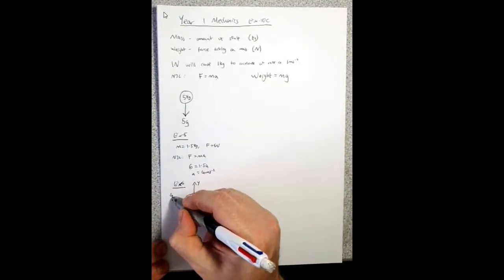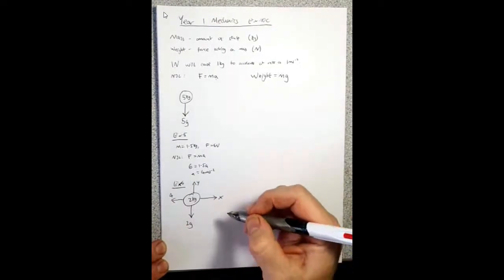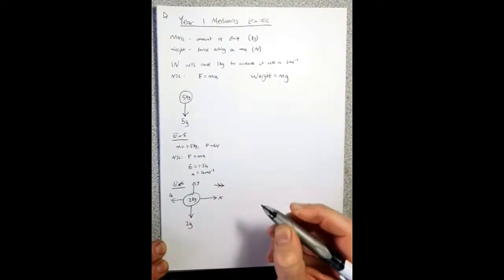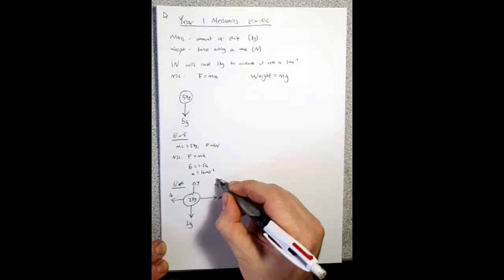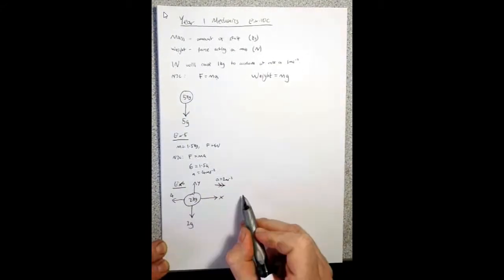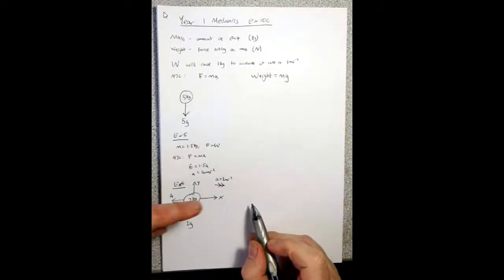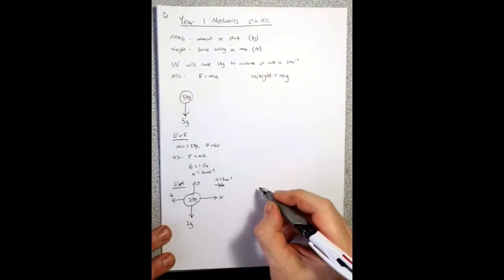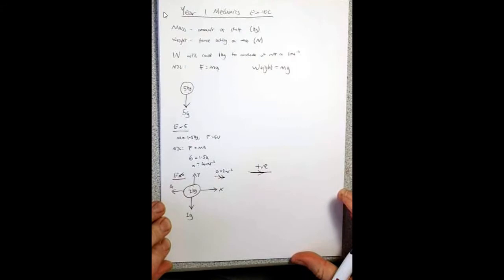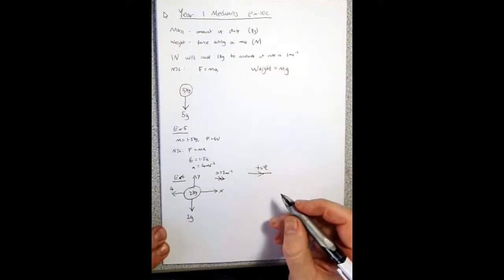There's some force acting horizontally, and there's a force acting in the opposite horizontal direction. Now, it also tells us, and a is always indicated with a double arrow, that a is 2 meters per second squared in this horizontal direction. I always call that positive.